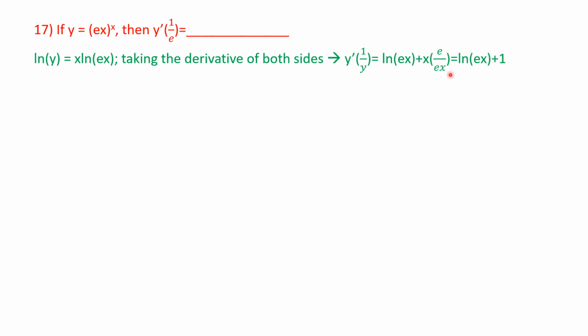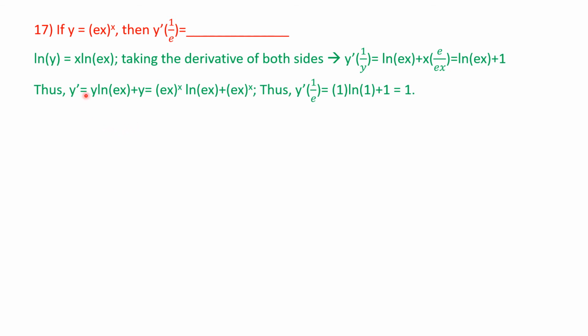Now we have to multiply both sides by y so that we can solve for y prime. So if we multiply both sides, we're going to get y prime equal to y ln of ex plus y, and we have to replace y by its value. The value of y is ex raised to the power x. So we'll have here ex raised to the power x of ln of ex plus ex raised to the power x.